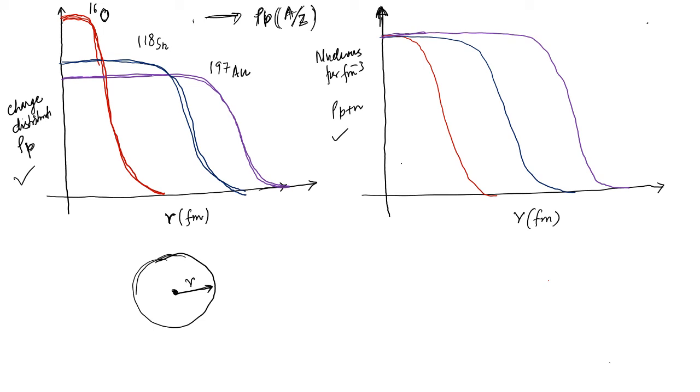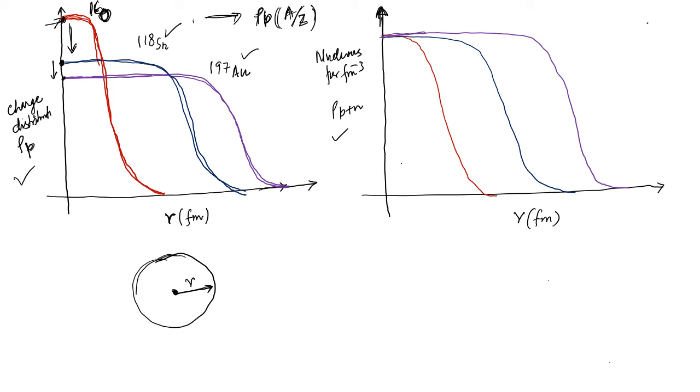An important point to be noticed is that if we see the charge distribution, this is oxygen, the lighter nuclei. The distribution of charge at the center has some value, but as we go on increasing the mass of the nucleus, the charge distribution at the center is decreasing from oxygen to 118 to 197.